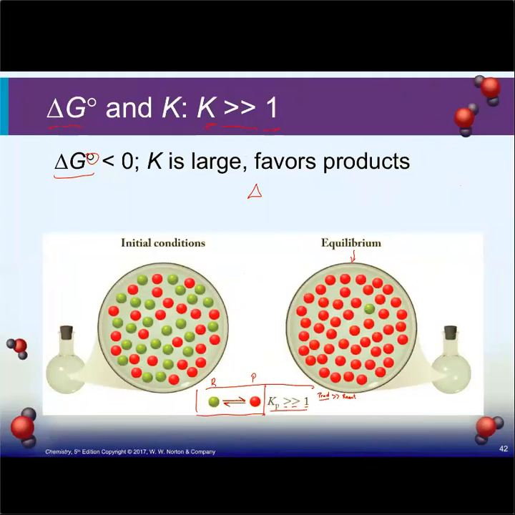If the K is much, much larger than 1, that means that when we look at the equation, delta G is equal to minus RT natural log of K. If K is much, much larger than 1, the logarithm is going to be a large number, and multiplied by the temperature and R, it is going to be a large number. So it means that the delta G is going to be very negative, because remember, there's a minus sign here.